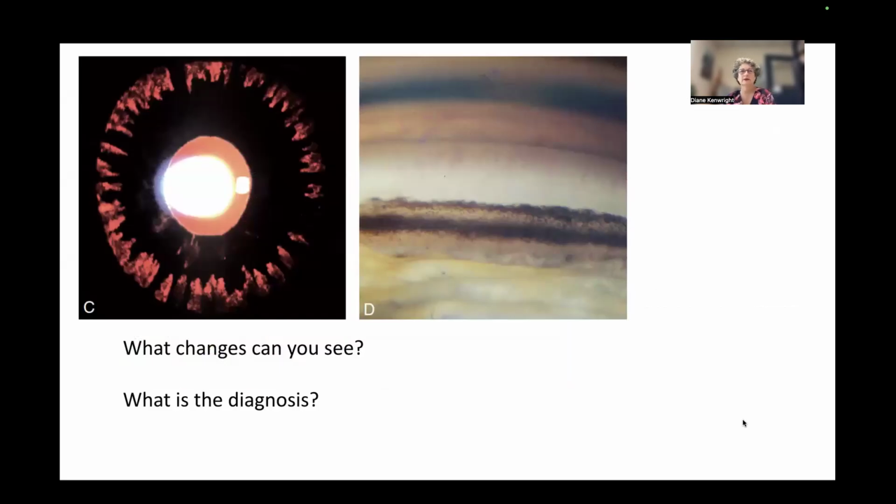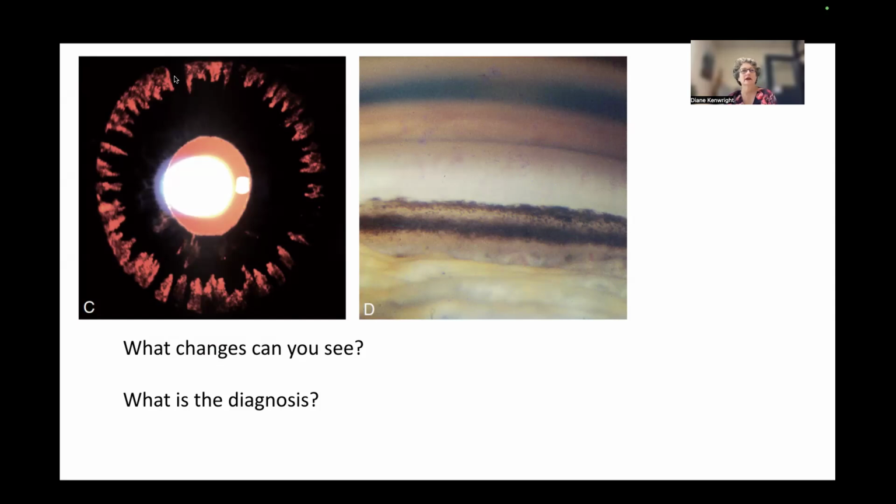So this is pigment dispersion syndrome, where pigment rubs off the back of the iris and floats into the eye, clogging the drainage system. It is another cause of pigment in the trabecular meshwork. So this is an iris which has been transilluminated posteriorly, and you can see this ring of pigment loss where it's rubbed off.